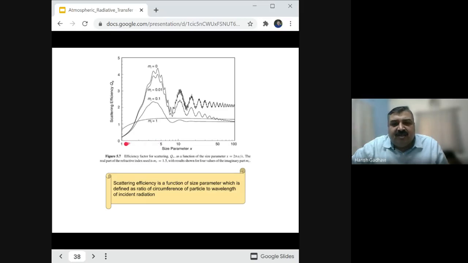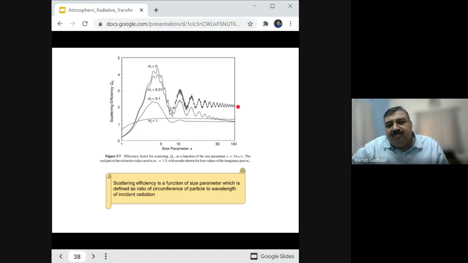So your extinction ratio will be 1. Now you go on increasing the particle size, say to 1 micrometer. You will have high efficiency, a lot of scattering, almost 5 times. Then this scattering will go on decreasing, then increasing again, so there will be structures like these as the size of the particle changes.